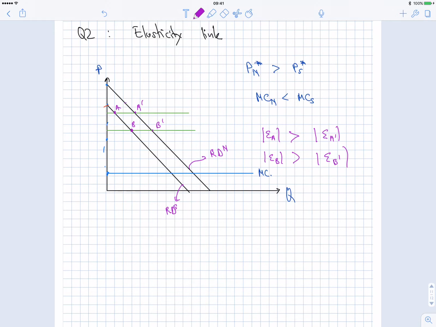Yes, this bit is north. Elasticity at north is smaller, which means less elastic. The consumers of the north for any given price are more inelastic. North demand wouldn't vary as much if the price increased.